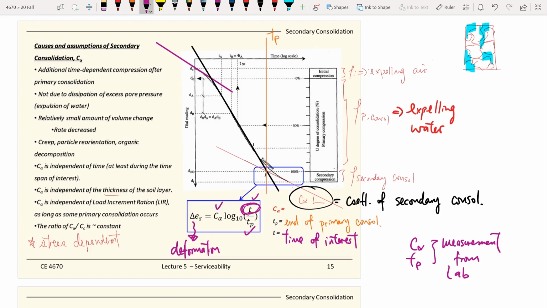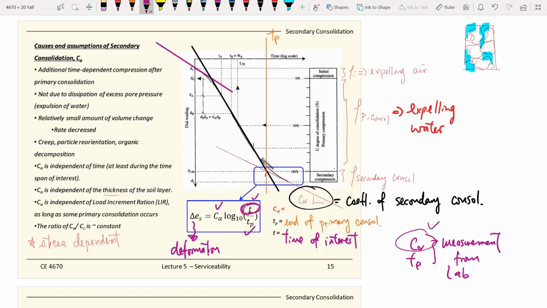From the lab measurements, you know the C sub alpha, and you back calculate that T sub P, the end of primary consolidation, is 40 years, and you want to investigate consolidation up to 50 years.